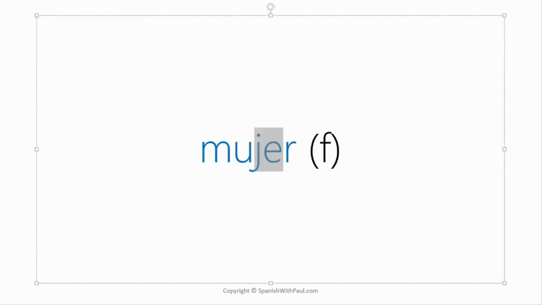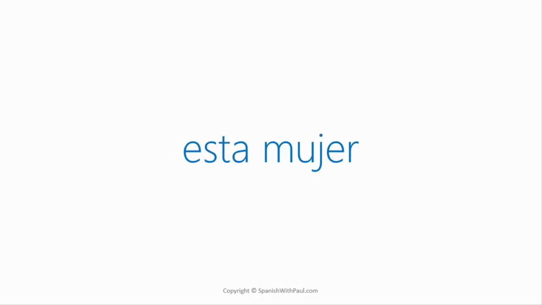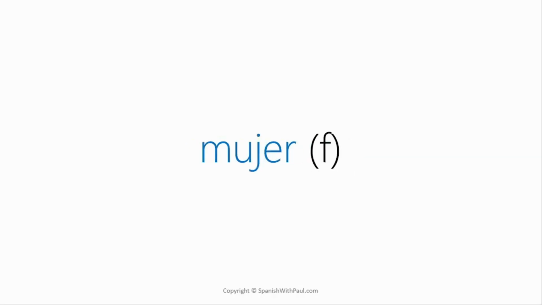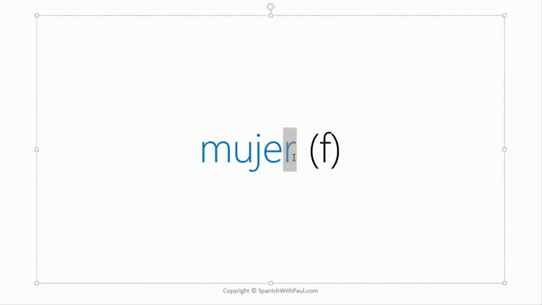Mujer is woman. And again, to say this woman, it would be esta mujer. So you see that it doesn't matter if the word ends in A or not. If it's classified as a feminine word, we'll always use esta for this. If it's classed as a masculine word, we'll always use este.